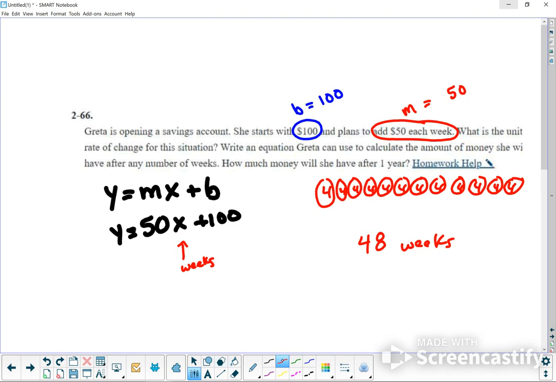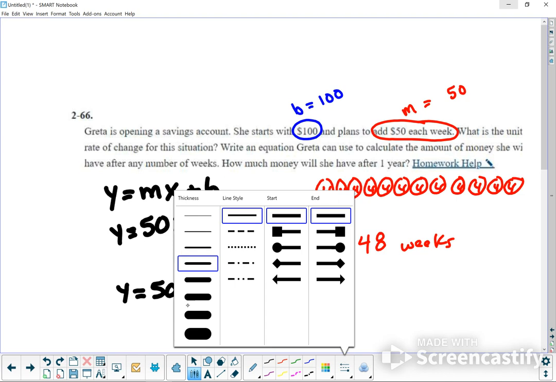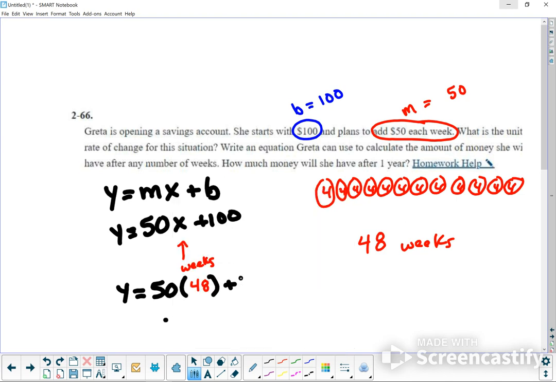All you're going to do is put in y equals 50, and instead of x, we're going to put in 48, because that's how many weeks we said there were in a year, and then plus 100. So 50 times 48.